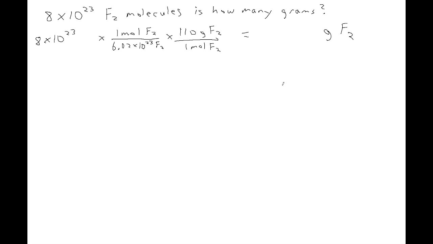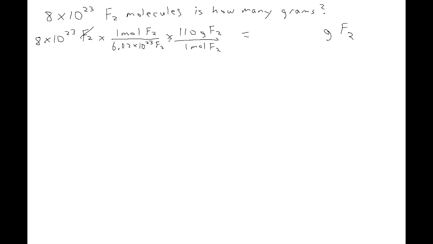Okay. So let's see. You were using the systematic method. What units did you write here? Just individual F2. Good. And then you can see that... Oh, I used the wrong mass. Yeah. Wow.